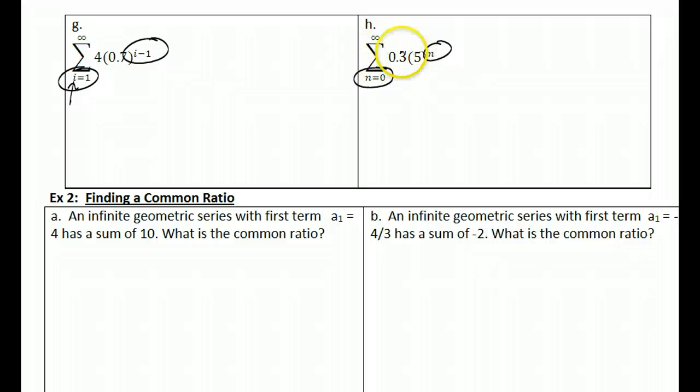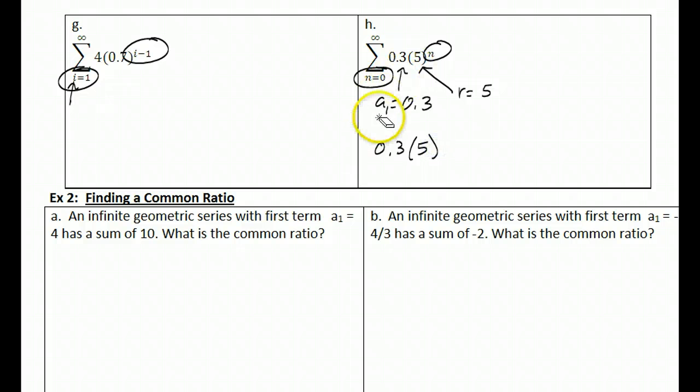These are actually the same type of problem. So this is still giving you information that A1 is 0.3, and it's still giving you information that R is 5. Actually, I take it back. In this situation, term 0 is the first term, because if I plug in a 0 here, 5 to the 0 power is 1, so 0.3 times 1 is just 0.3.